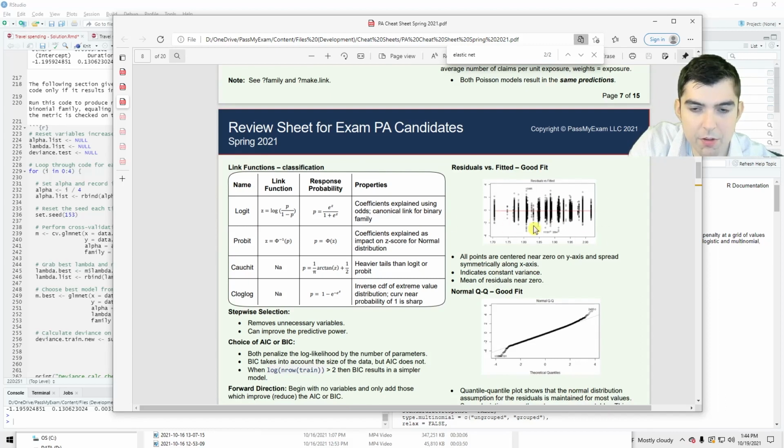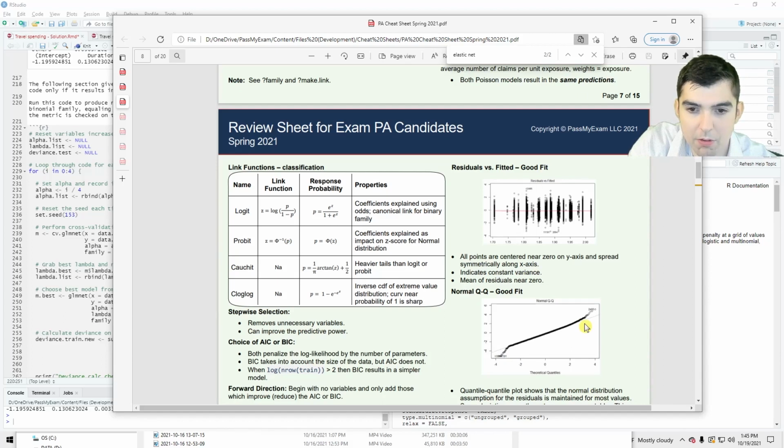This graph shows the residuals versus fitted. So this is the raw residual, or y minus y hat. Then there is the deviance residual. When you look at the normal QQ plot, you are looking at an adjustment that's made to the residual. So this is the distribution of the deviance residuals.